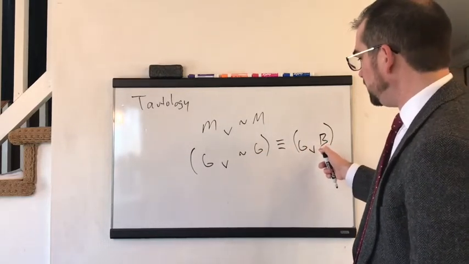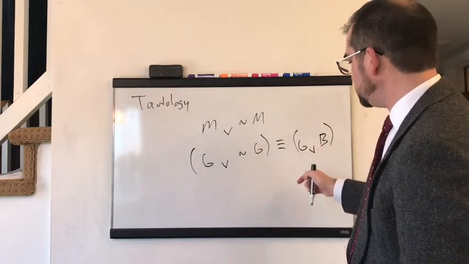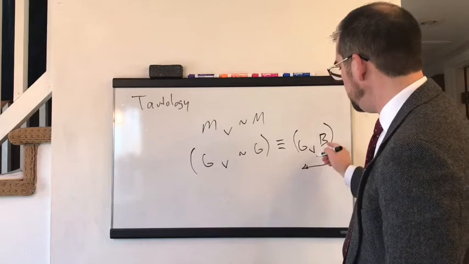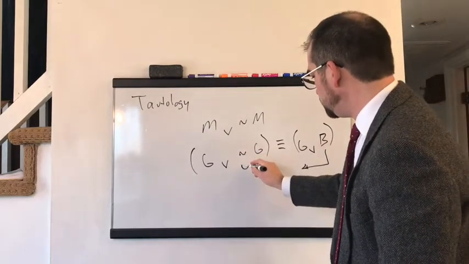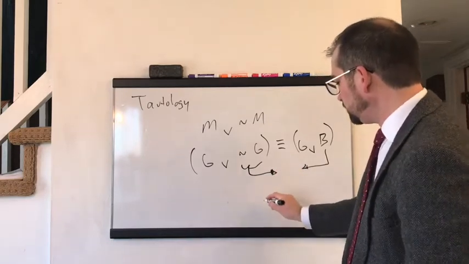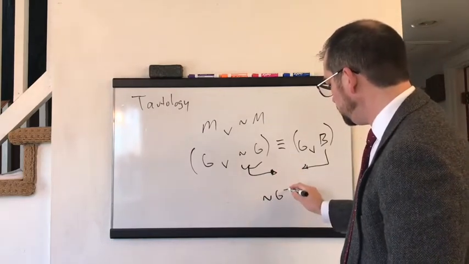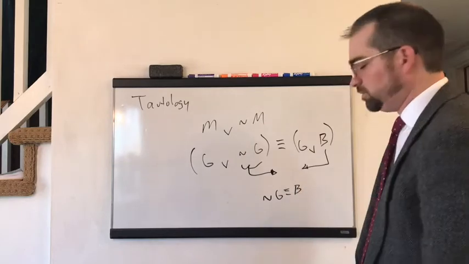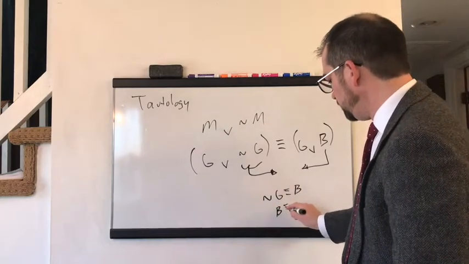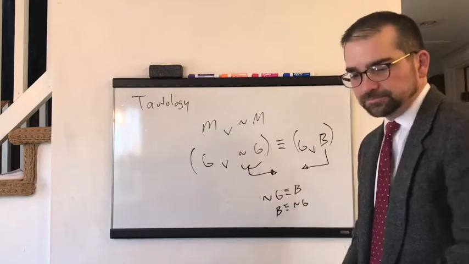And we can combine these because if you look at these two terms, bad and not good, isn't that the same thing? You are not good if and only if you're bad. You're bad if and only if you're not good.